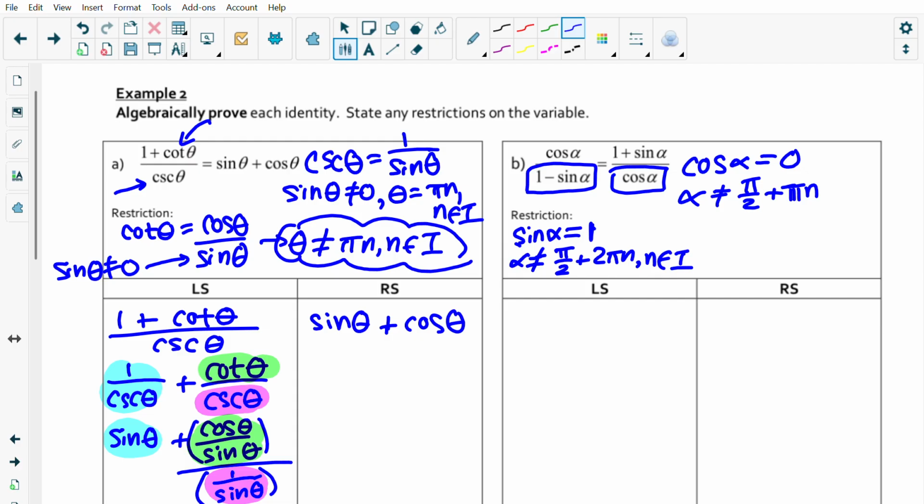So if I combine these two, this would be your overall restriction because this covers that as well. Okay, so I have that as a restriction.